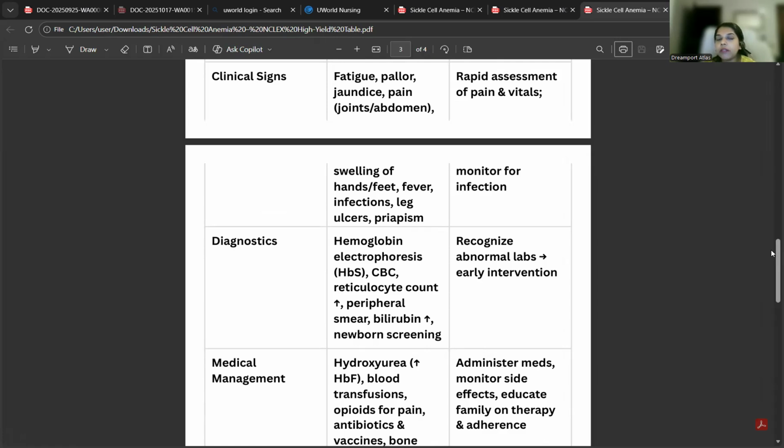The main diagnostic evaluation is hemoglobin electrophoresis. That means here we can understand the sickling of the RBC, or HbS can be noted.